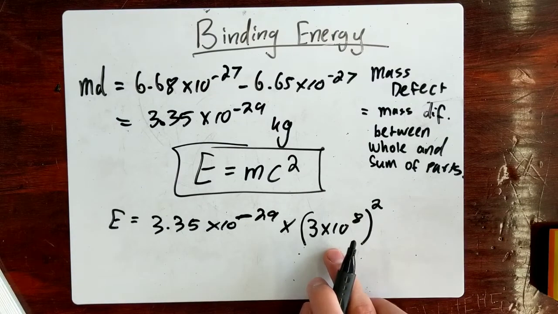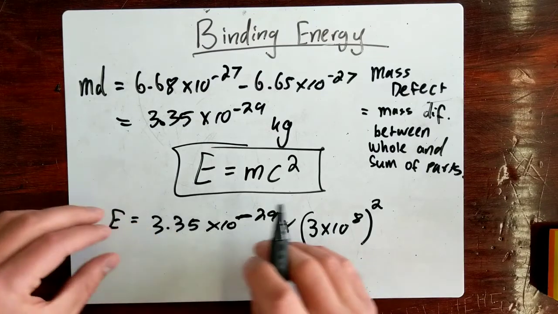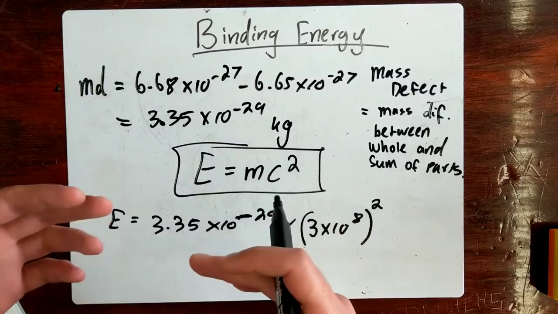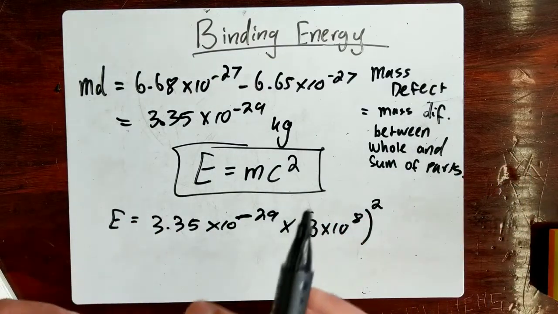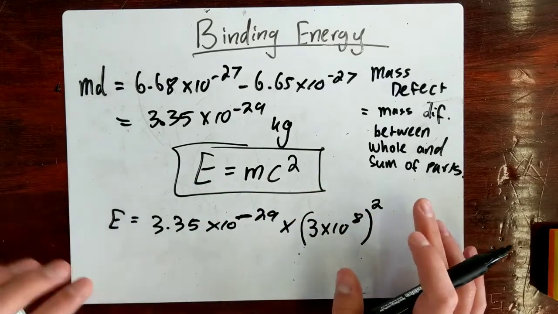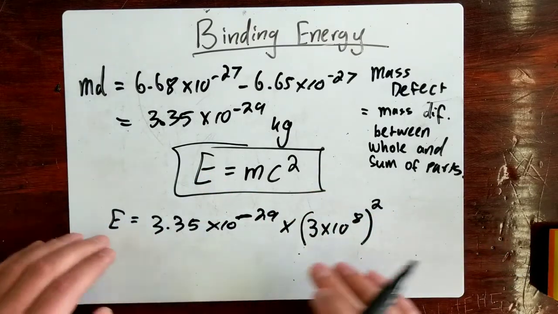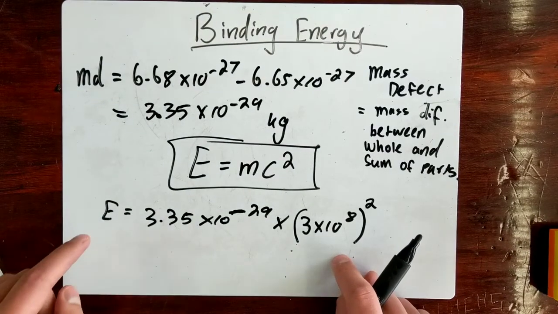This is a speed, so its units are meters per second. And because I'm sticking in my SI units, and I'm saying this on purpose because we're going to be leaving those units in a lesson later on in this week and using some other units to do the same calculation. But for now, I'm in SI units. I've got kilograms, I've got meters per second, so energy is going to be measured in joules.